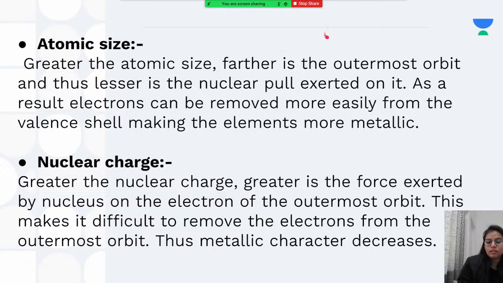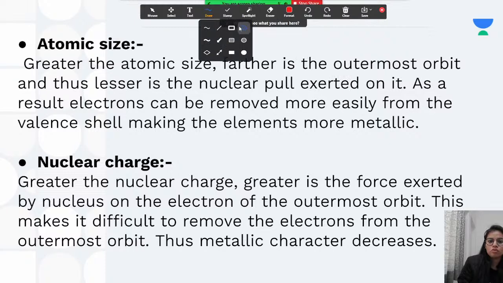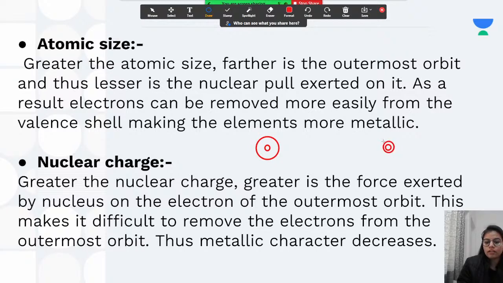Let's take an example of two atoms, where one has many shells. What will happen over here is the nucleus is very much closer to this shell, so the nuclear pull exerted on the electrons will obviously be higher.